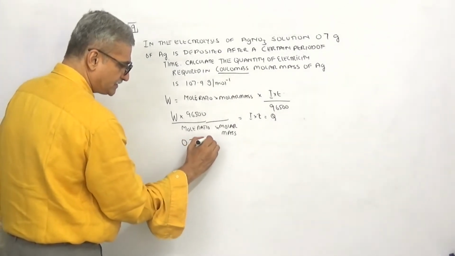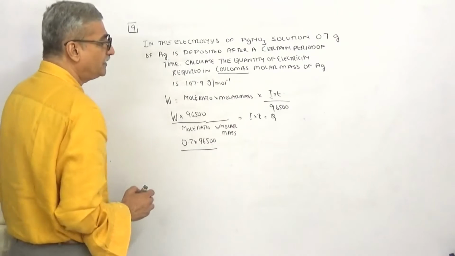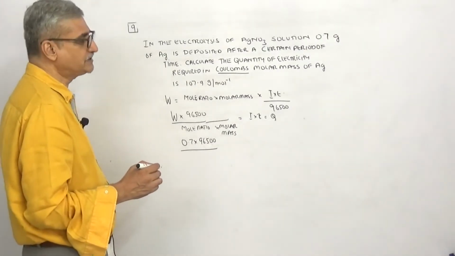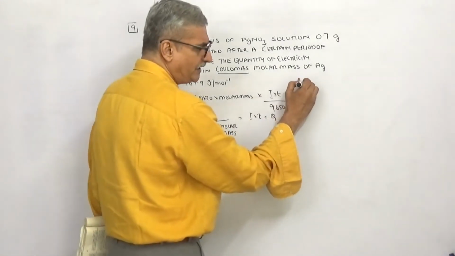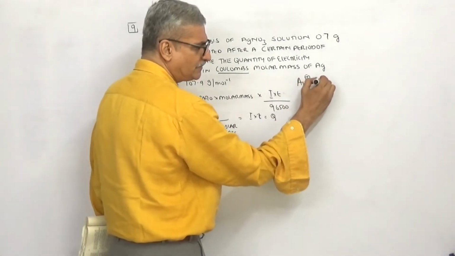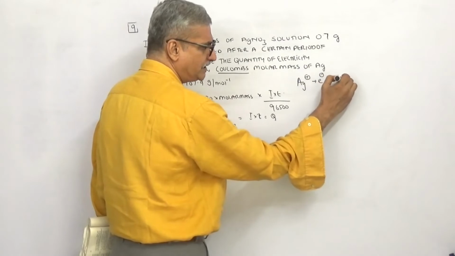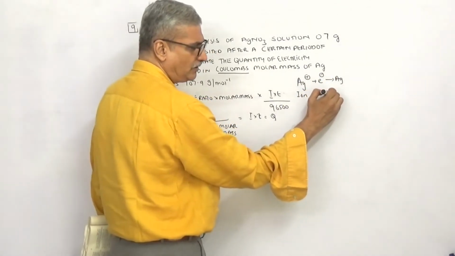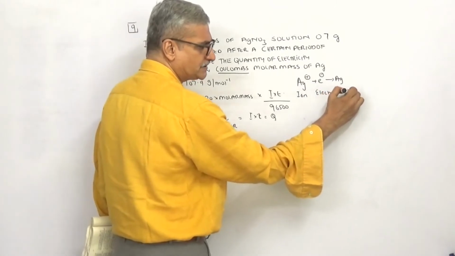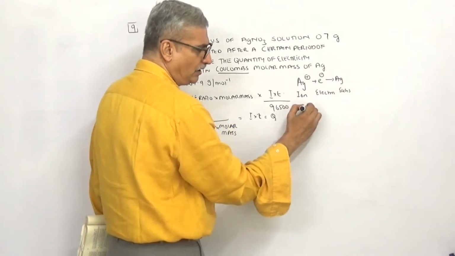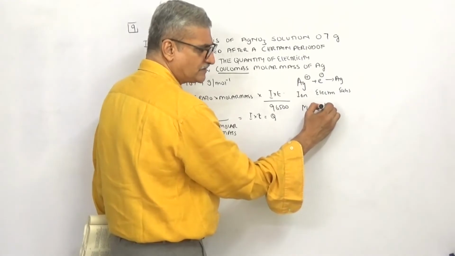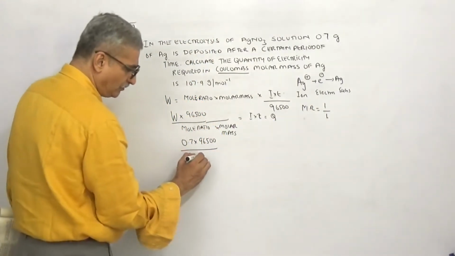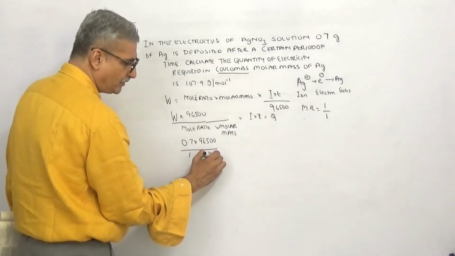So W, the weight deposited, will be 0.7 into 96,500. Now mole ratio, I told you, you have to write the reduction reaction. What have we got? Silver. So mole ratio is 1. Why? Ag+ plus an electron forms Ag. So this is ion, this is electron, and this is substance. So mole ratio will be mole of substance 1 upon 1. So this is 1 into molar mass 107.9.